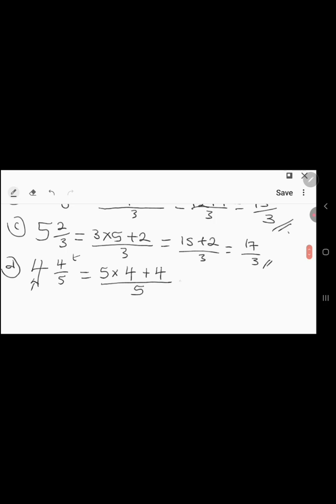After you simplify everything, 5 times 4 is 20, plus 4, then all over 5. 20 plus 4 is 24 all over 5. This is how to convert a mixed fraction to an improper fraction.